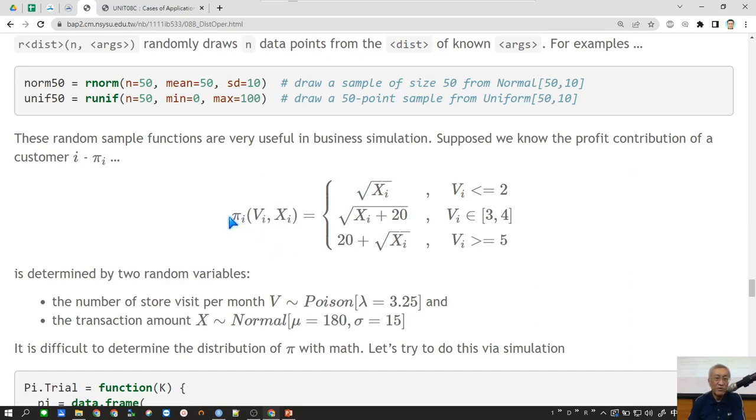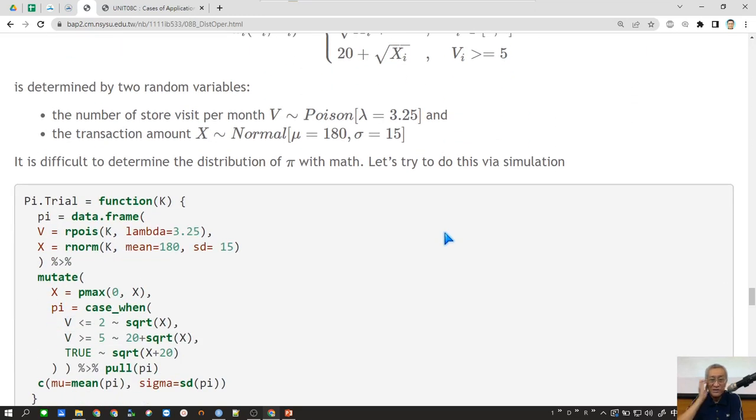To calculate pi's distribution is very difficult, because there are different cases, so you don't really know how to do that. So this is a very good case to use simulation.